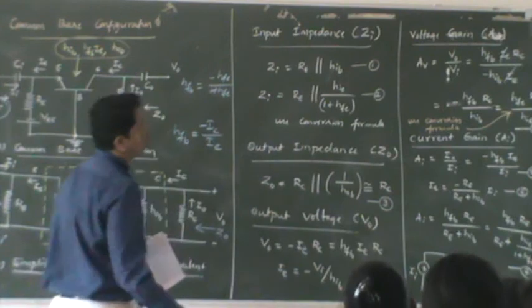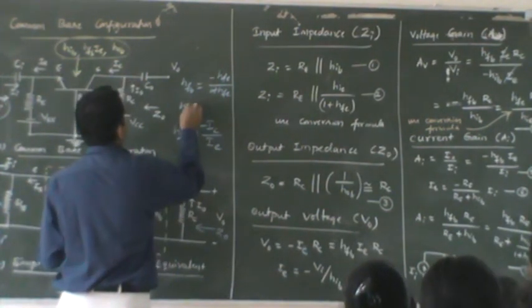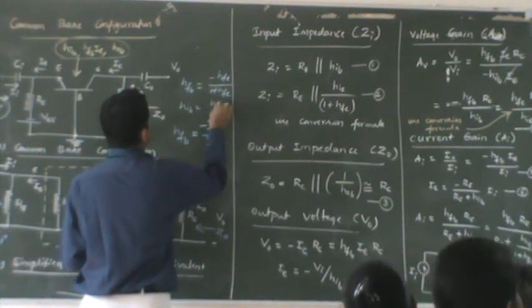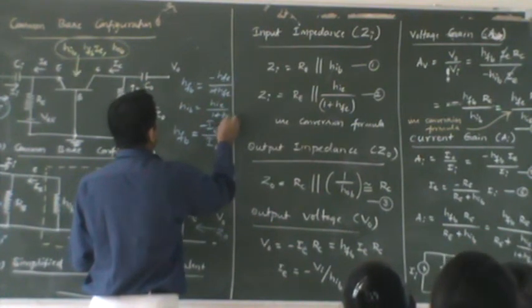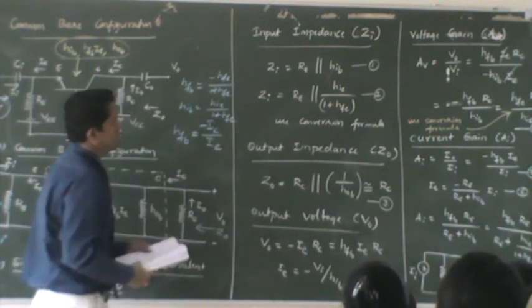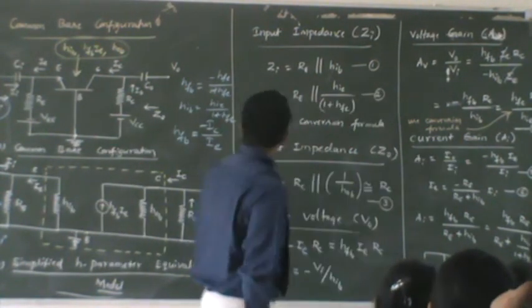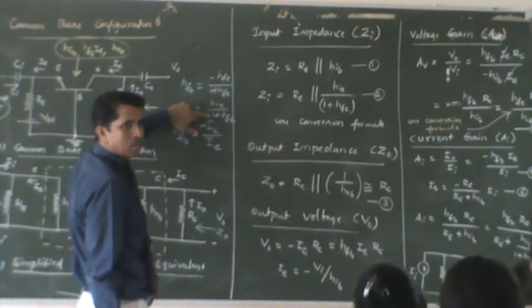What about HIB? HIB is equal to HIE divided by 1 plus HFE. Look at that, we have HFB by HIB. That means this by this. 1 plus HFE, 1 plus HFE cancels.